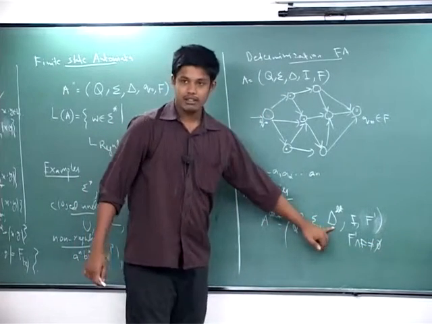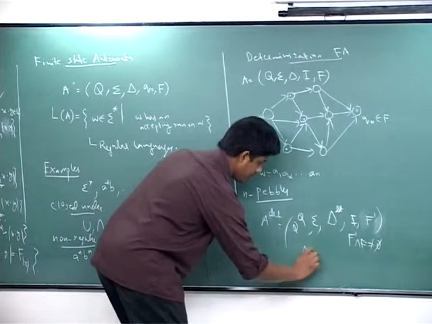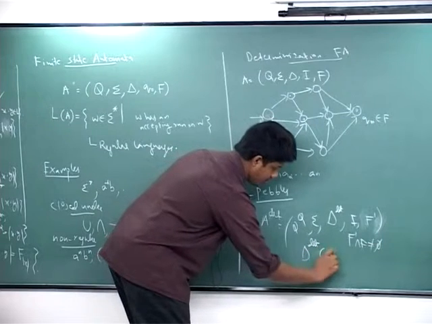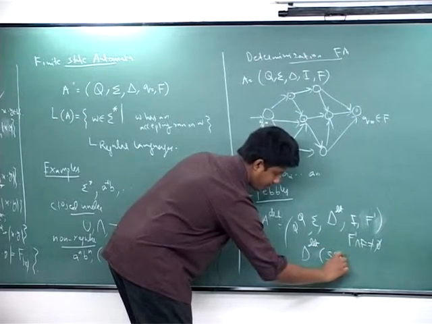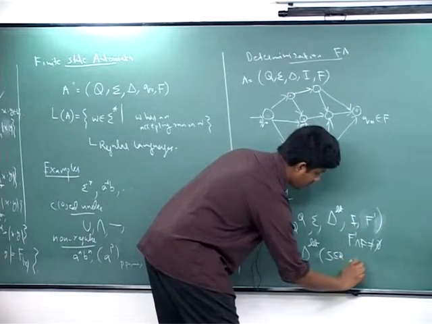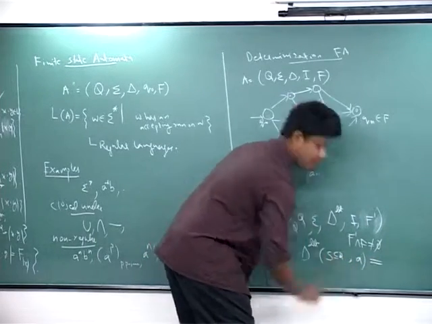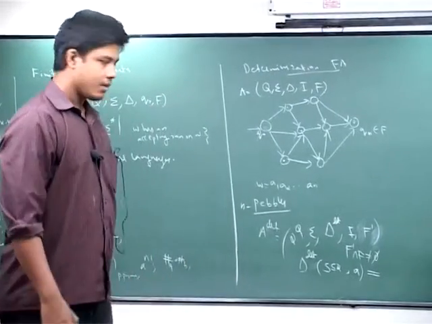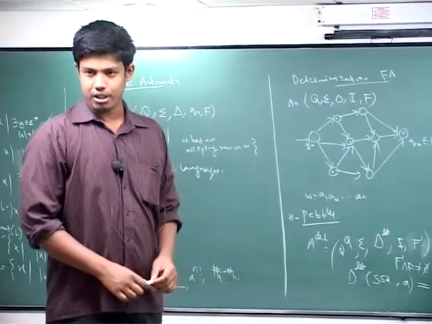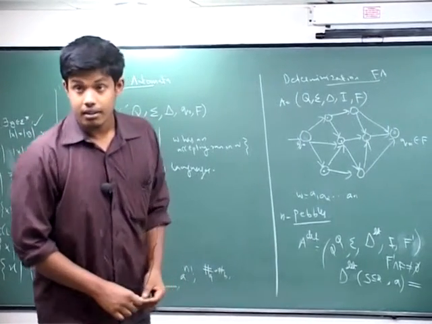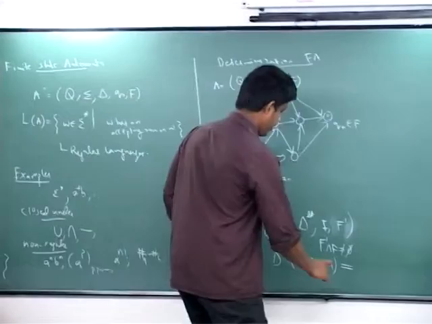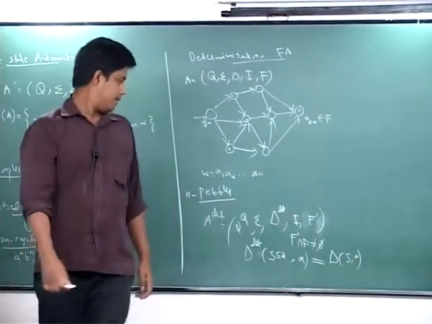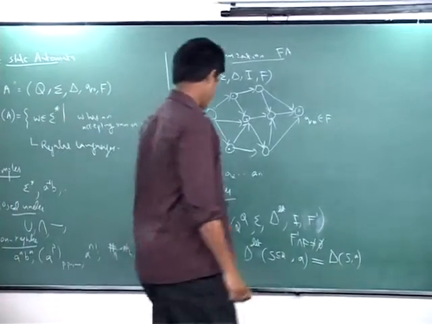And what will be delta? A subset S of Q on A will be what? This is standard subset construction, so you should tell me. Delta of S comma A. All right, so this is fine.